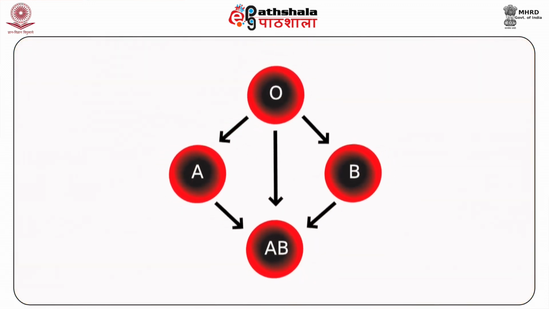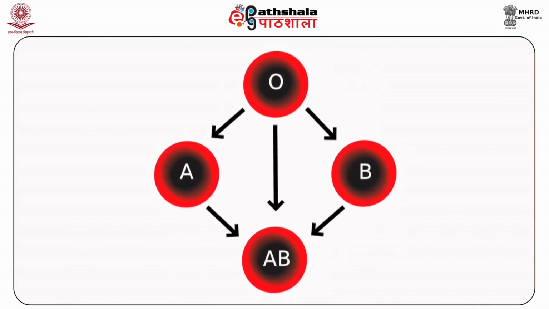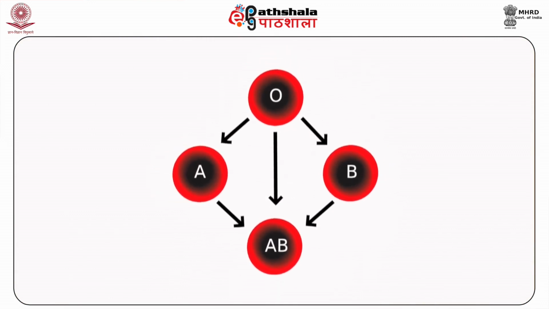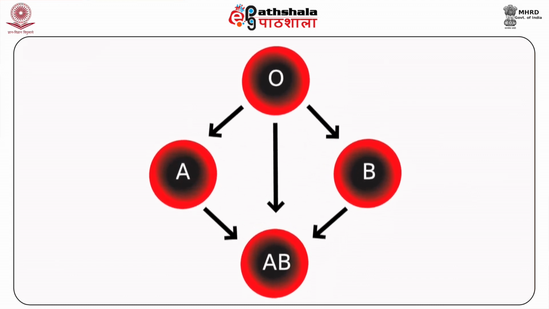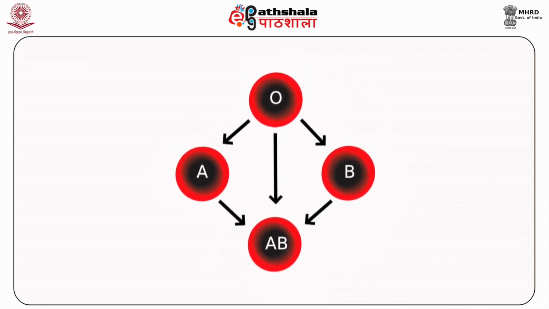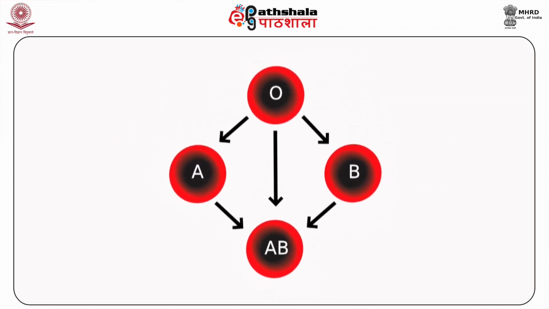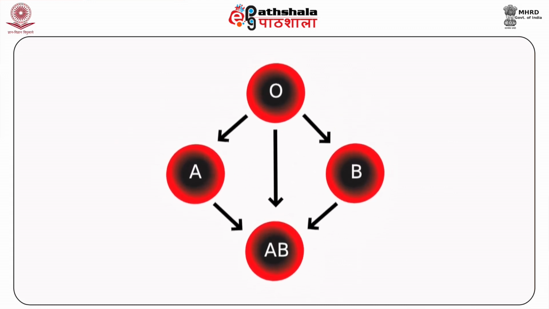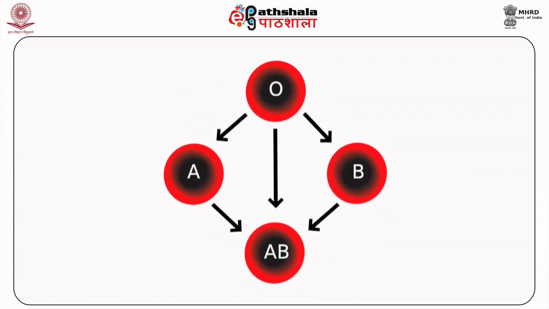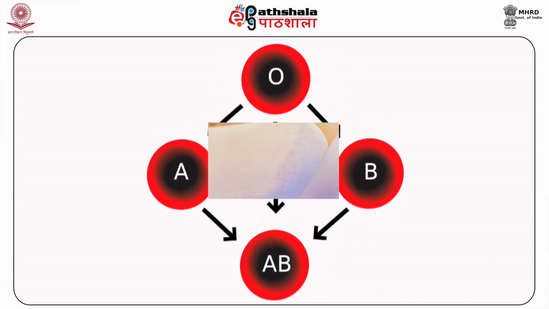Blood typing is one form of categorizing blood, known as the ABO system. A, B, O, and AB are the primary blood groups, based on the presence of certain antigens on the surface of the blood cells.